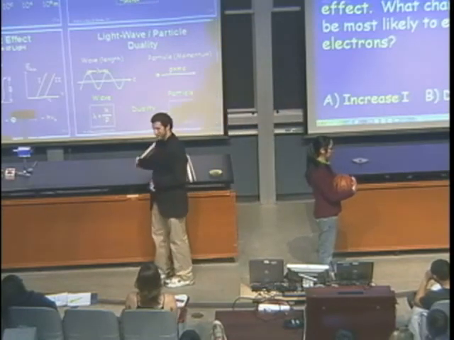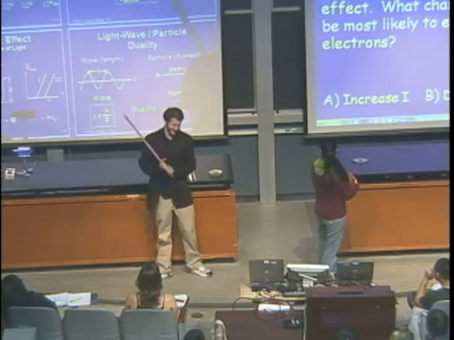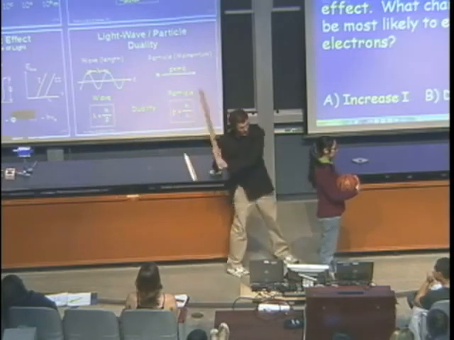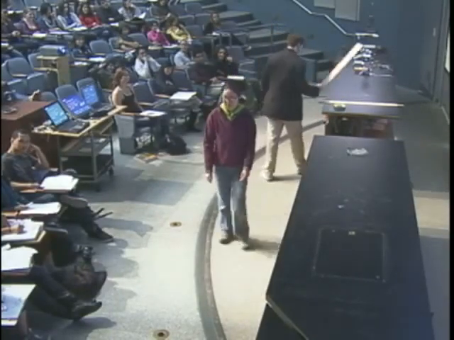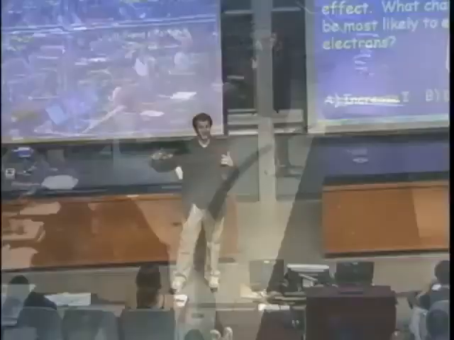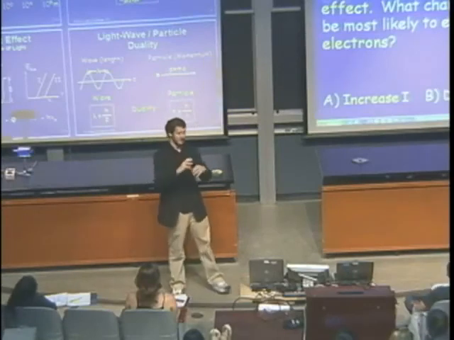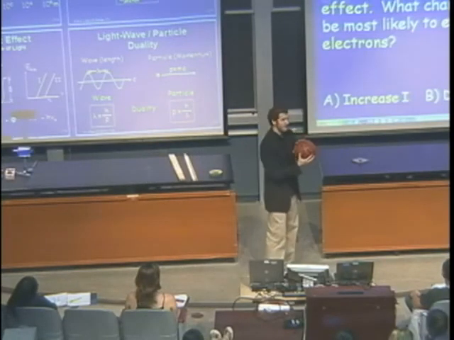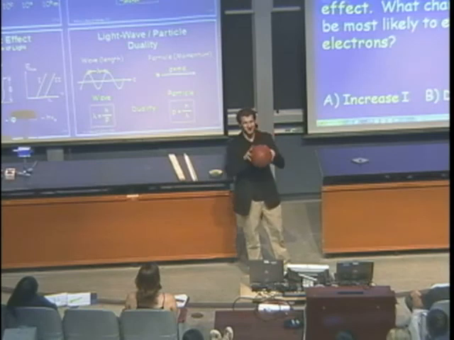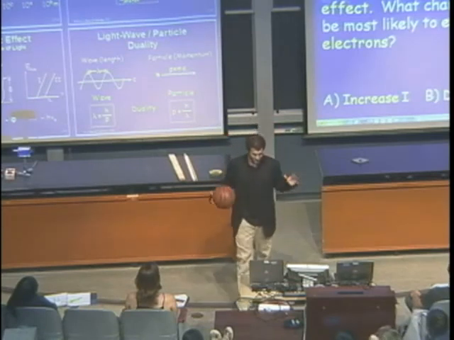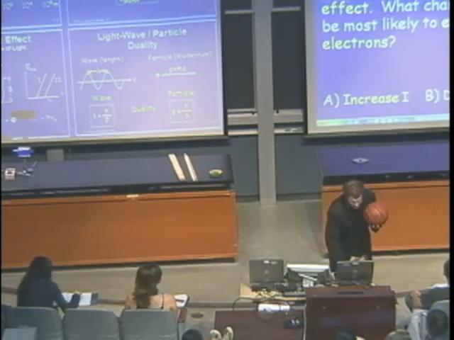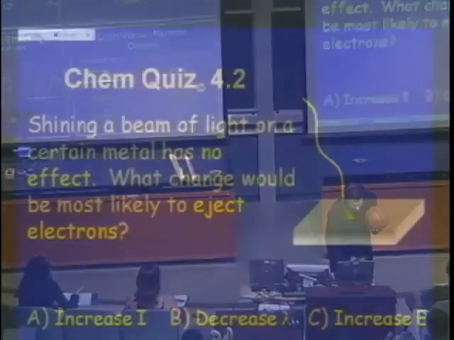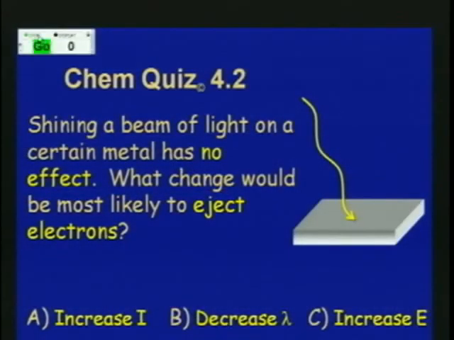But with the big dog, all I need is one, bam, and the basketball is gone. Because it's a one-to-one interaction, one photon, one electron. So, going off of that, let's talk amongst ourselves and see if we can come to a consensus here. Go.